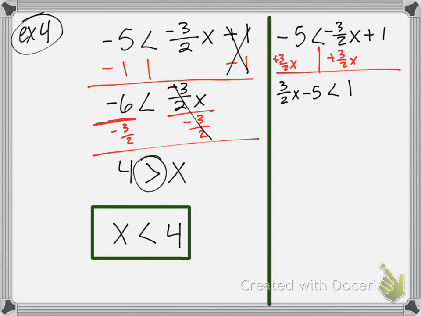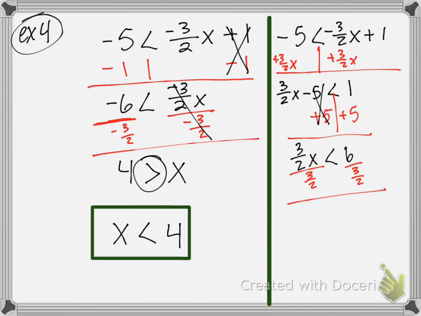There we go. And then let's go ahead and add 5 on both sides. So we get 3 over 2x is less than 6. And then our last step is to divide by 3 over 2. So our answer is x is less than 4.